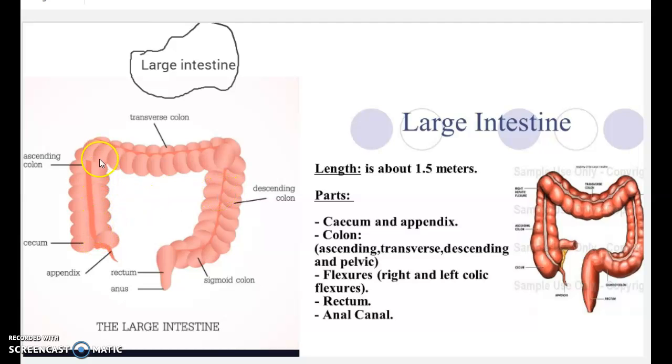The ascending part is known as the ascending colon. The transverse part is known as the transverse colon, and the descending part, which is moving down, is known as the descending colon. Then there is an S-shaped part of the colon, known as the sigmoid colon.